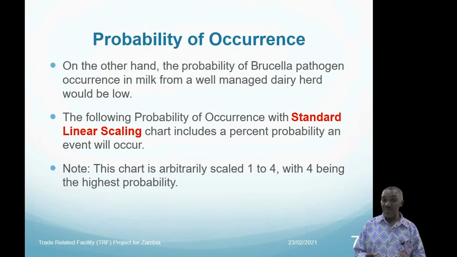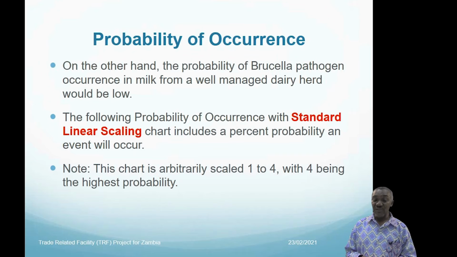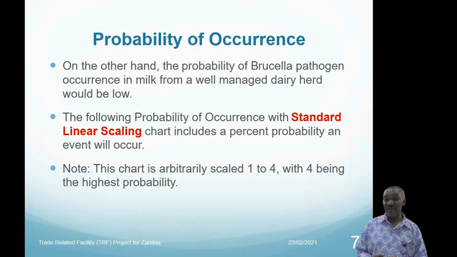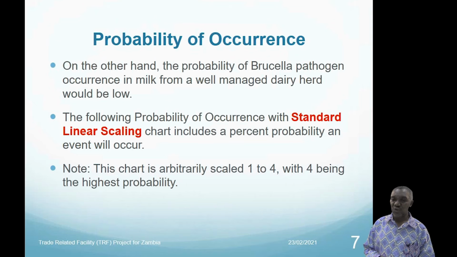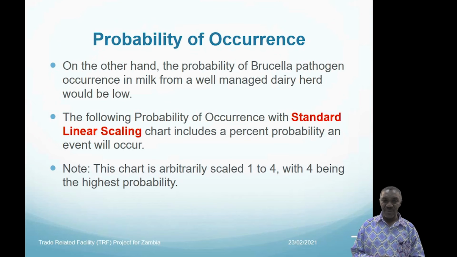People who have brucellosis have a condition which brings about undulant fever and many other challenges. It's a chronic disease. The Brucella pathogen causes chronic infection. So animals can be infected with Brucella, and they can shed the pathogen into milk, and human beings are likely to be exposed to it.